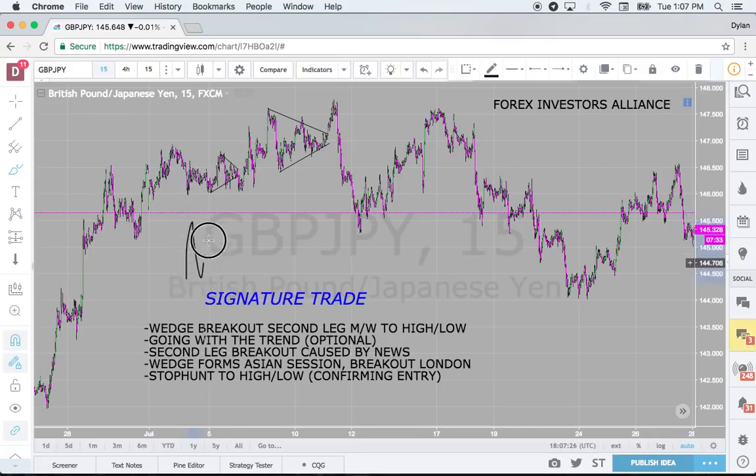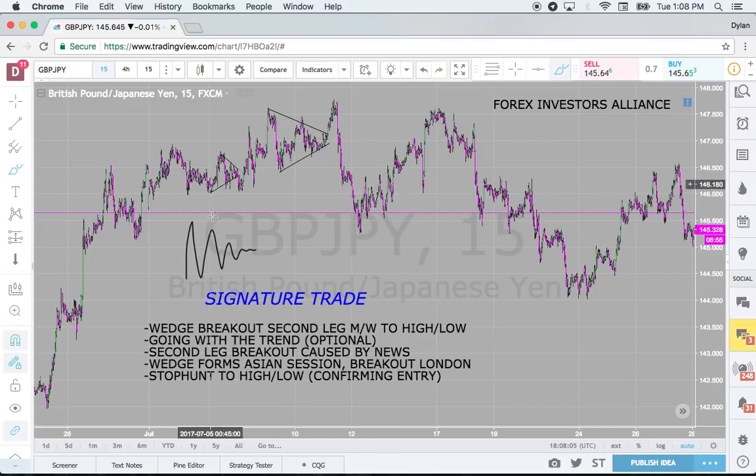Once you see a wedge, which we've all seen happen on every pair, these are fractal formations, multi-fractal formations. This pattern can form on every pair and on every time frame, so there's not a specific pair or a specific time frame that this setup occurs.